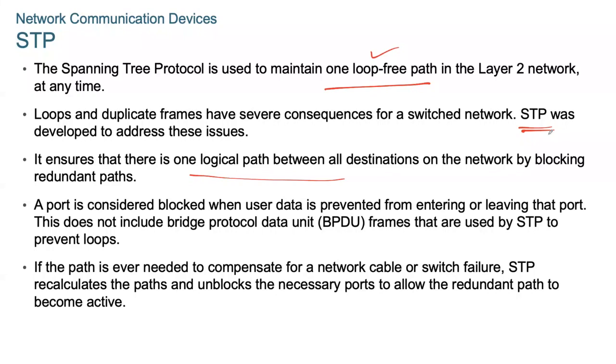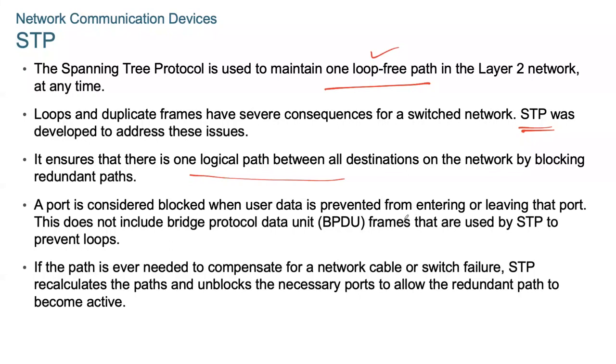So a port is considered blocked, as we said, and blocking the redundant path is critical to prevent loops on this network. The physical paths still exist to provide this redundancy, but these paths are disabled to prevent loops from occurring.